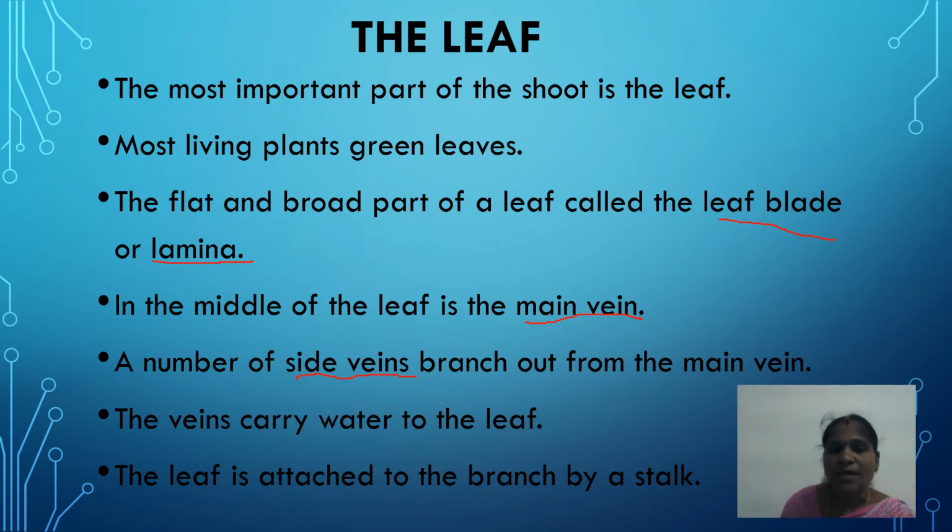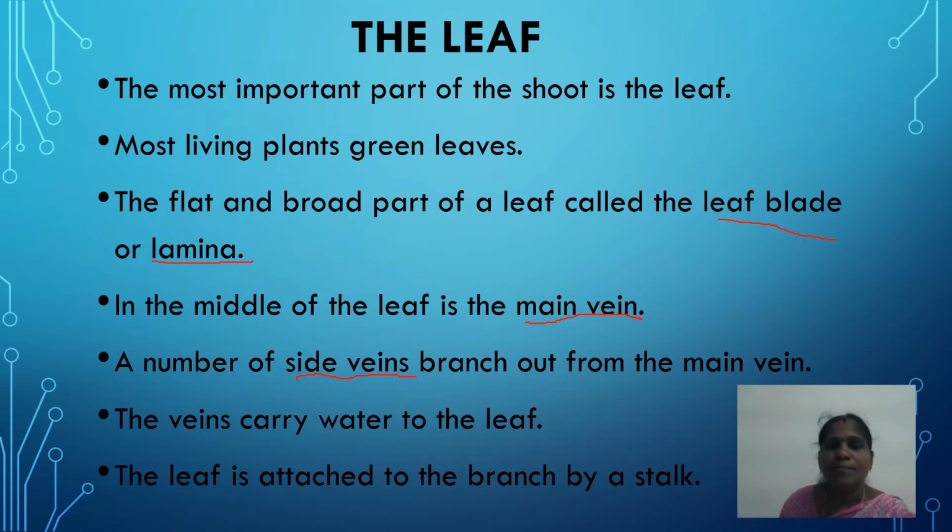So leaf blade or lamina, main vein, side vein, these are the parts of a leaf. The veins carry water and minerals to the leaf. The leaf is attached to the branch by a stalk, a small stem-like part.